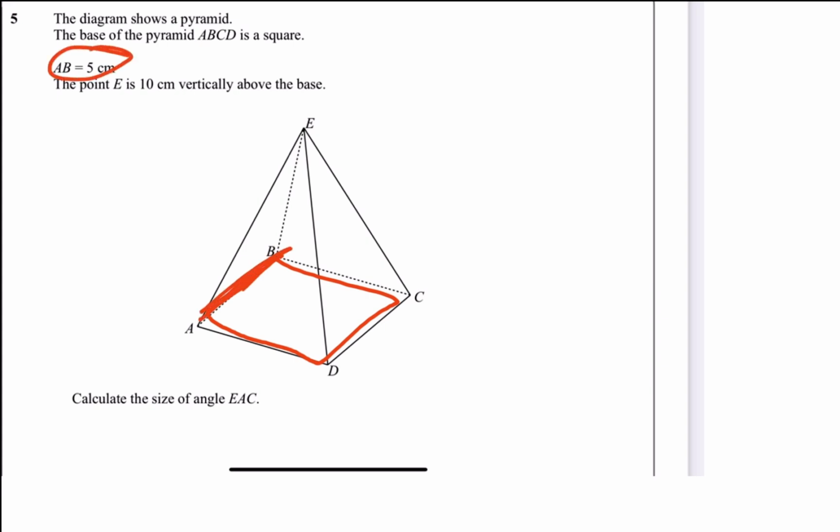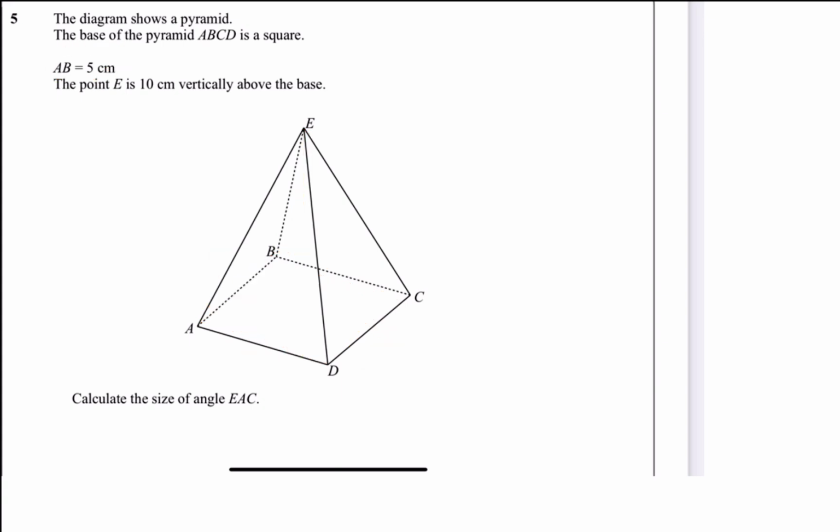So therefore, if AB here is equal to 5, it means every side here, because it's a square, is equal to 5. The point E is 10 centimeters vertically above the base. So the point E up here is 10 centimeters. So the height is here to here, that yellow vertical line of 10 centimeters, which we'll come to in a second.